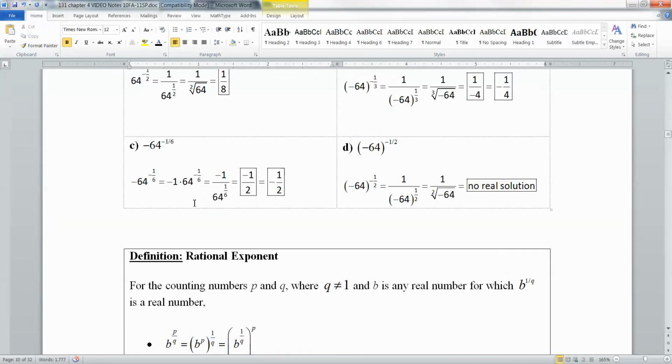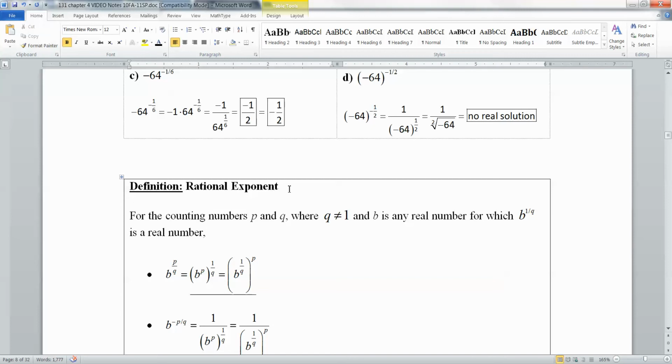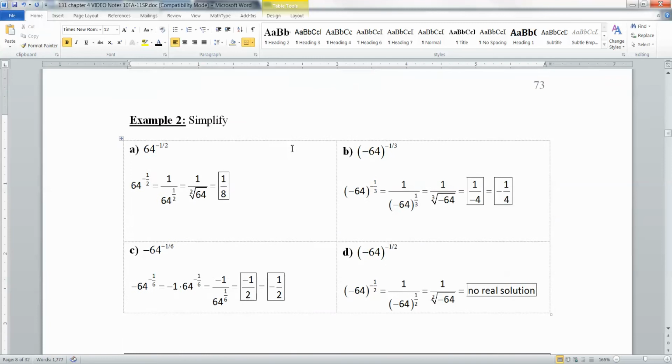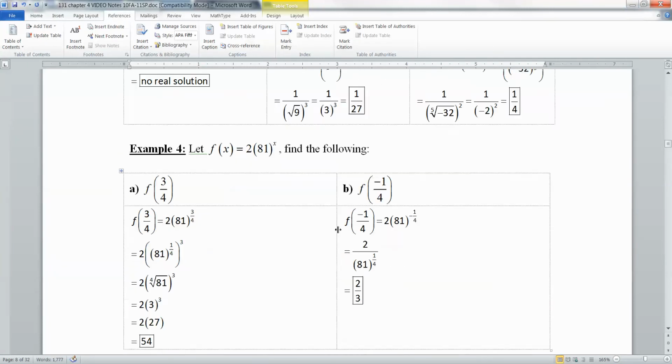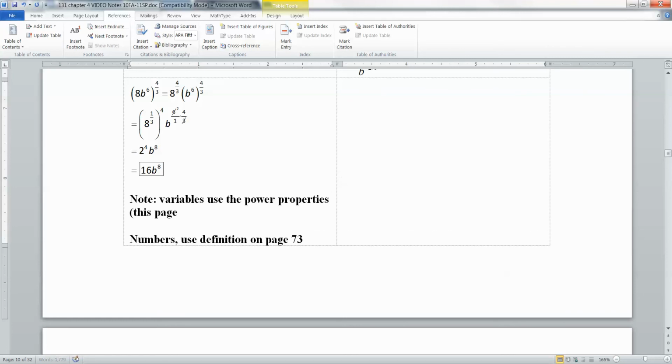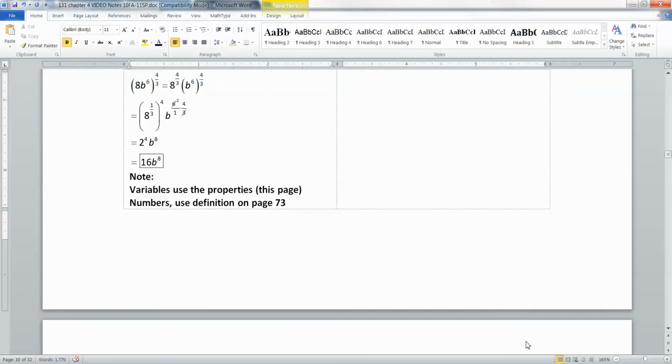This is honestly the ones where numerator isn't 1, but that's okay. So the numbers, you'll have to use the definition on page 73. And then these, you'll have to use properties on this page, which is actually easier, crazy enough. It's the numbers that are harder.